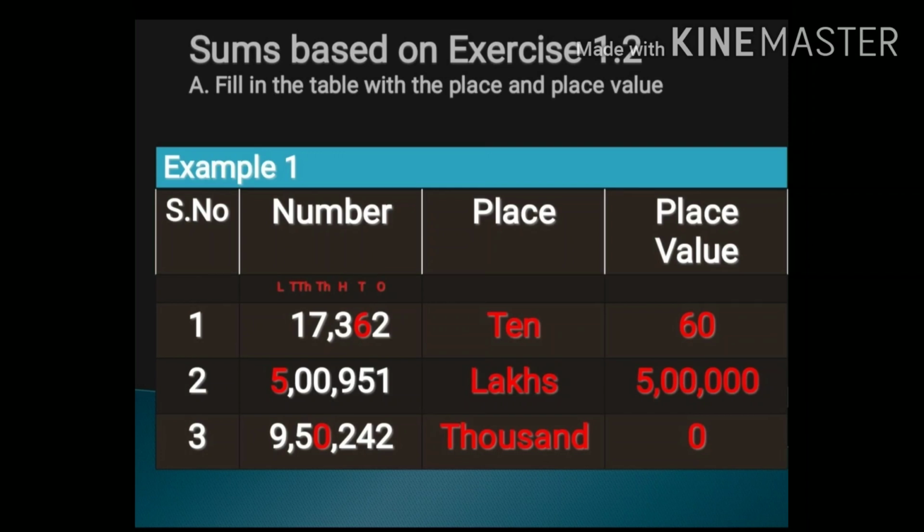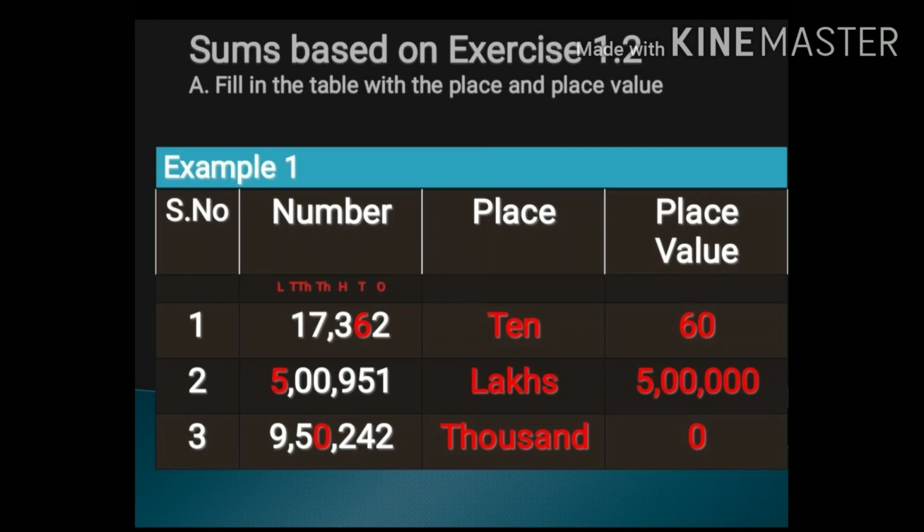The first sum is 17,362. The highlighted number is 6. So, the place is 10 and the place value is 60. And the next sum, 5,951. Check the place value of highlighted 5.